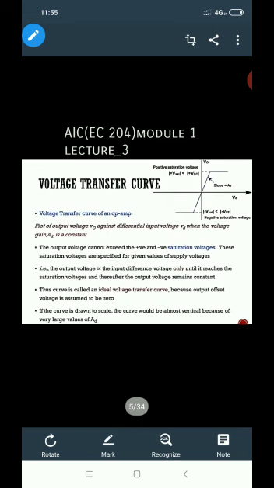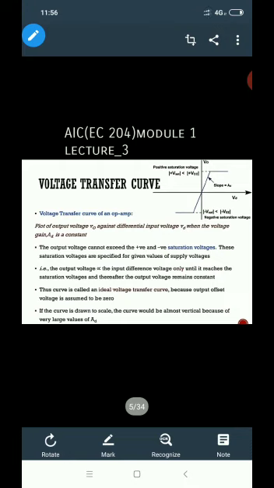Now here we have the voltage transfer curve of the operational amplifier. The transfer curve means the input and output voltage graph. Here is the plot of output voltage V0 against the differential input voltage VD when the voltage gain is constant.